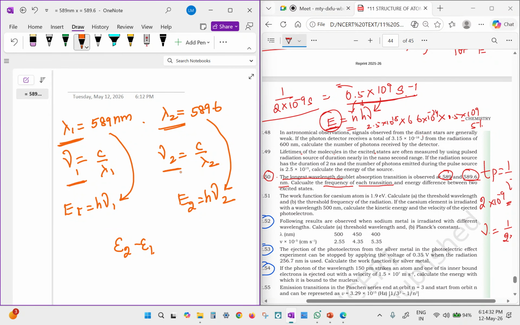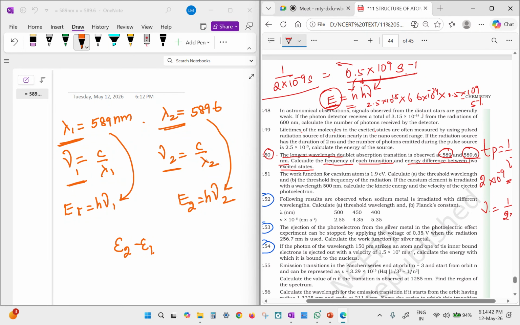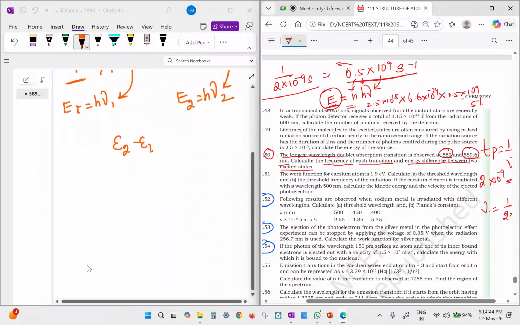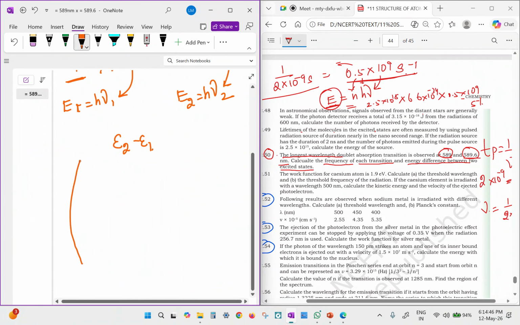Yes, ma'am. Further, they are saying calculate the energy difference between the two excited states. One of the excited states corresponds to absorption of the wavelength 589 nanometer. Okay, some energy will be absorbed, from this to this.